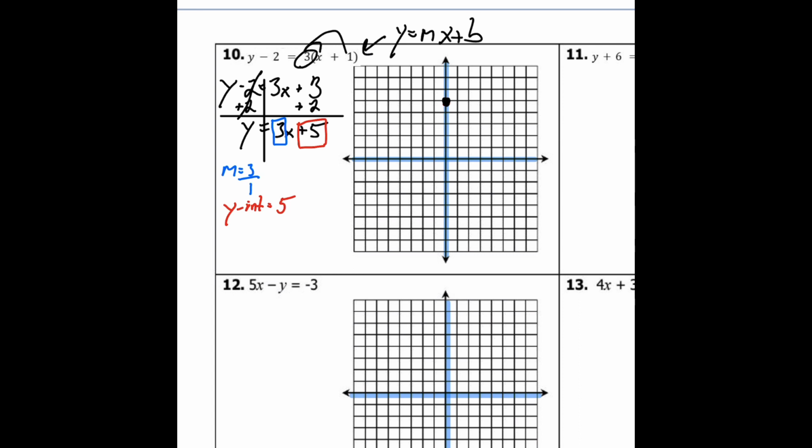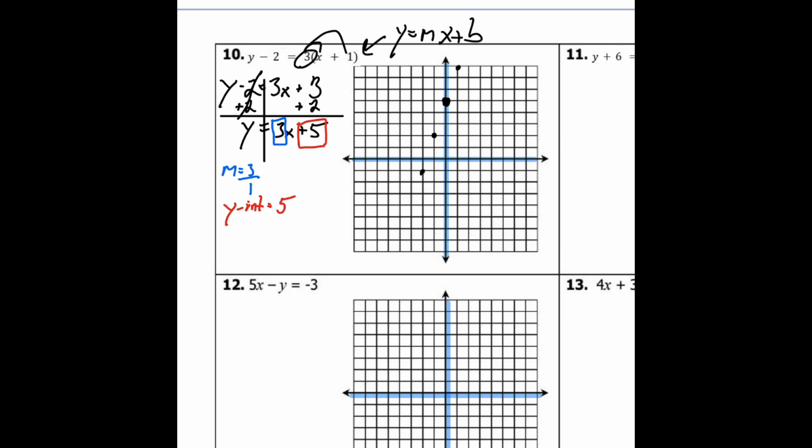My slope is positive 3 over 1, so I'll go up 3, 1, 2, 3, and 1 to the right. Since it's positive, we're going up 3 and 1 to the right. If I want to plot a couple more points to get a more accurate line, I can go down 3, 1, 2, 3, and 1 to the left. And then I could do that again, 1, 2, 3, and 1 to the left.